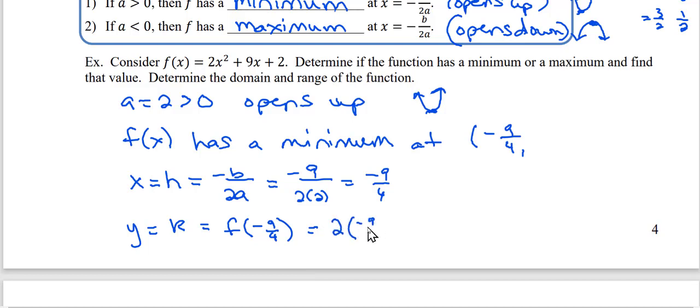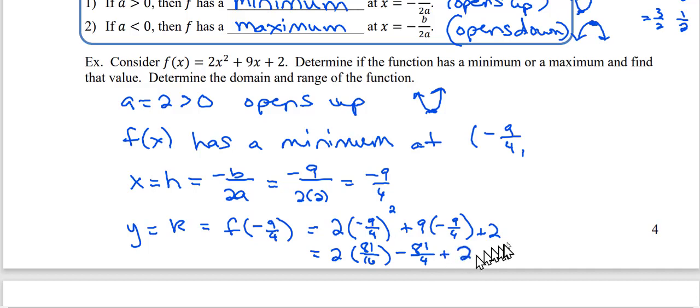2 times (-9/4) squared plus 9 times (-9/4) plus 2. 2 times 81 over 16. Oops, that's going to be minus 81 over 4, plus 2. Let's see here.